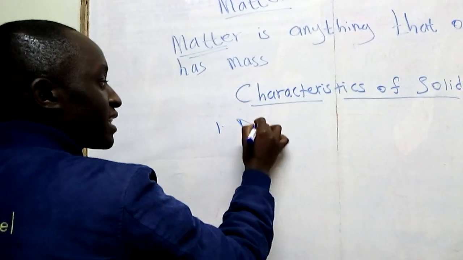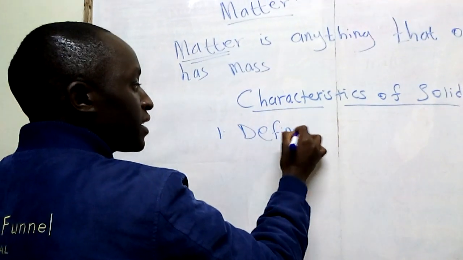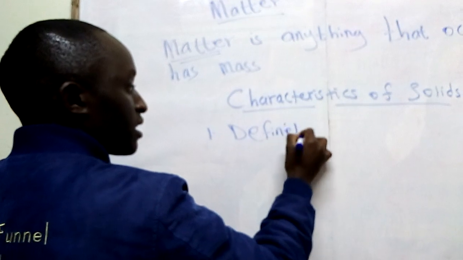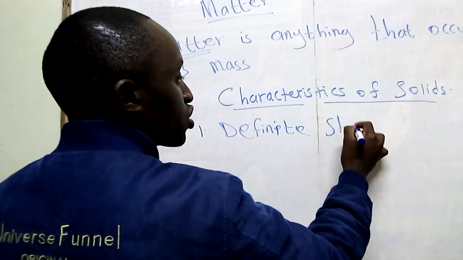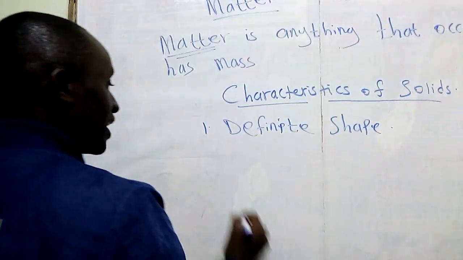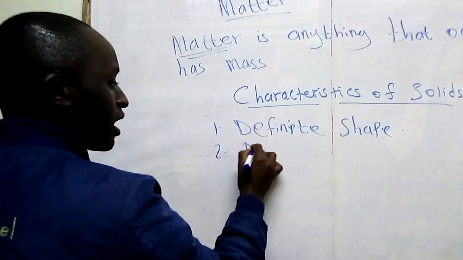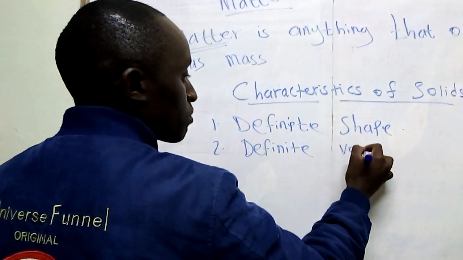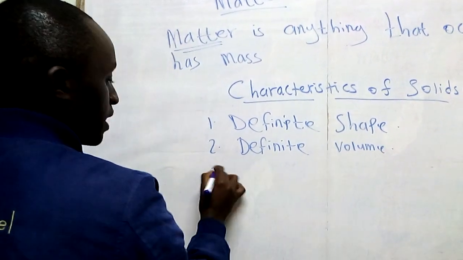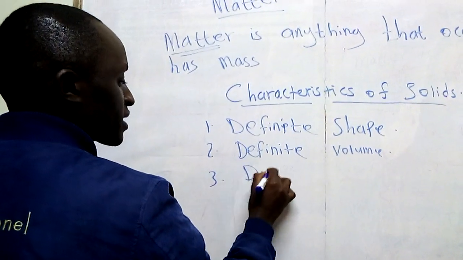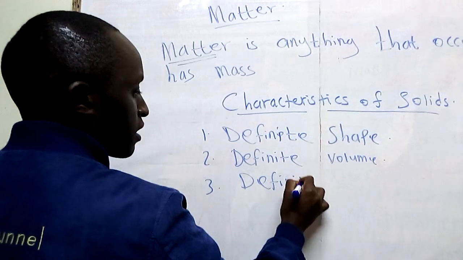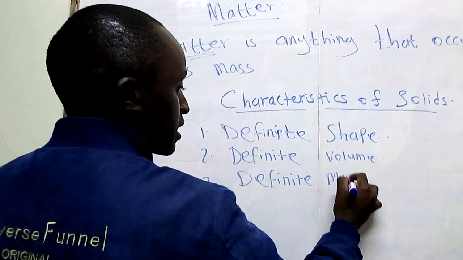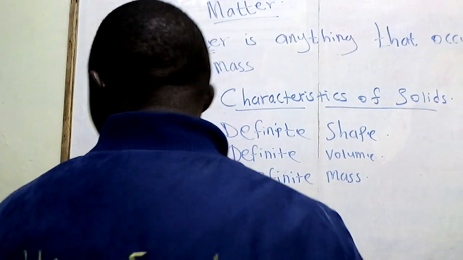The second, they have a definite volume. Number 3, they have definite mass.